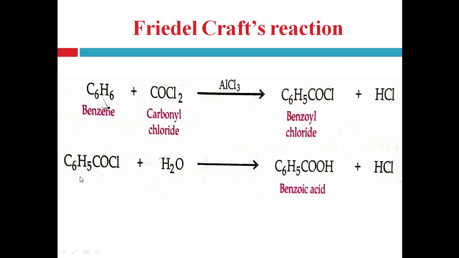Then this benzoyl chloride undergoes hydrolysis and is converted into benzoic acid, again releasing a hydrochloric acid molecule. Okay? So it is the preparation of benzoic acid from benzene by the Friedel-Crafts reaction.